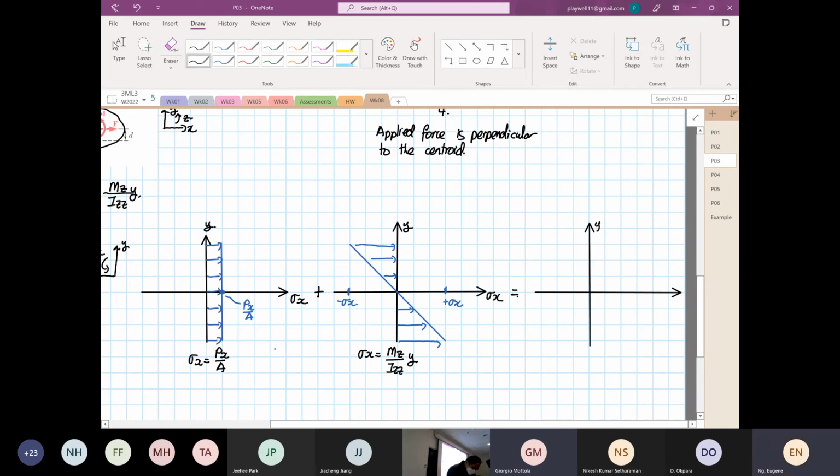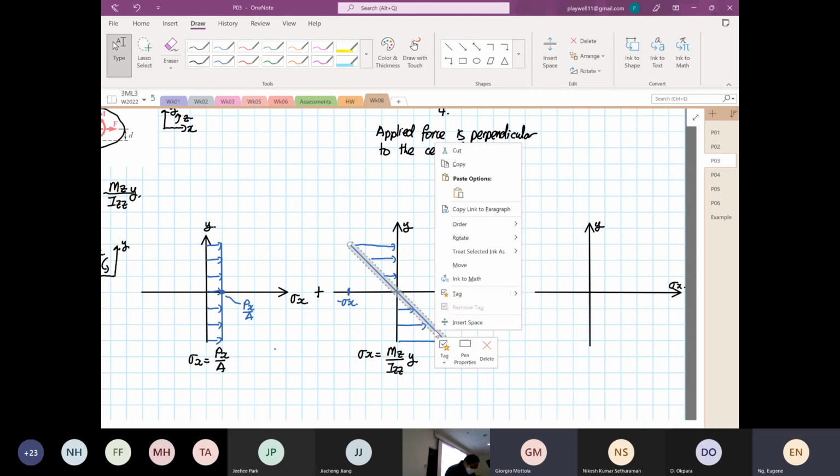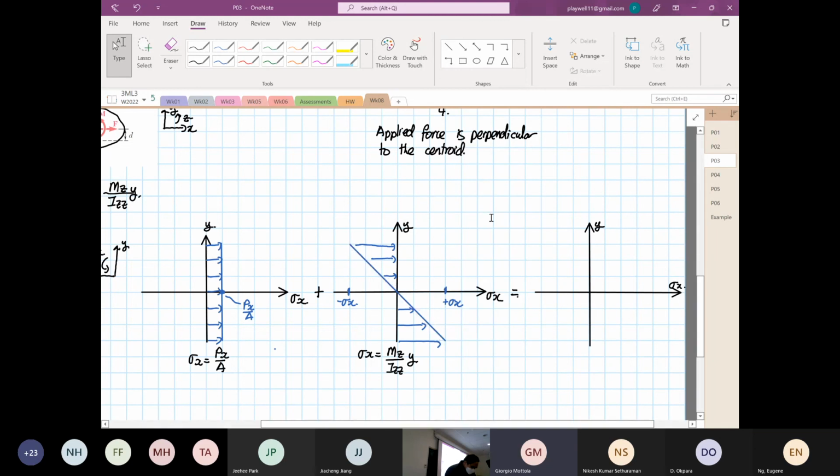So this is y, this is our stress x. Now, watch what I'm doing. I'm going to copy the slope. The slope is the same, I'm going to shift it over. So this will be equal to stress x.